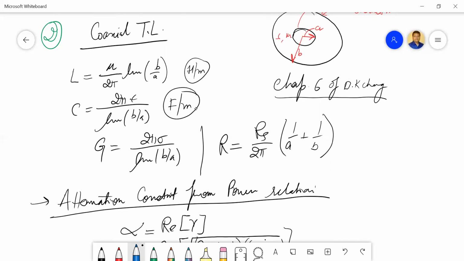Right? So today we'll keep this much, and in the next class we'll start the transmission lines and the calculation of voltage, current and input impedance. So thank you so much. If you have any questions, we can discuss.